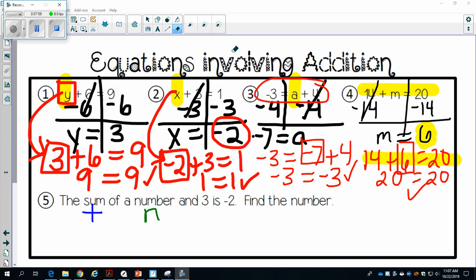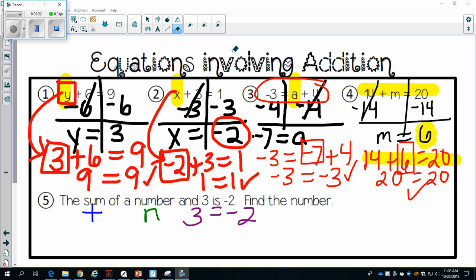We know we're adding the sum of a number and 3, so we're going to represent the 3 here. And the word "is" is going to be our equal sign. And we know it is negative 2. So now we're going to put all of that together.